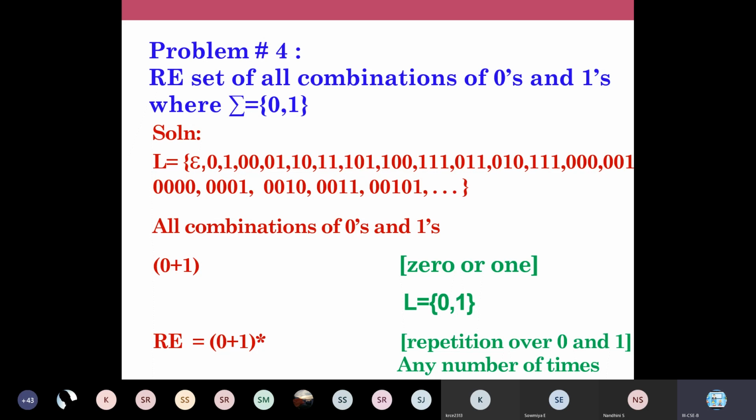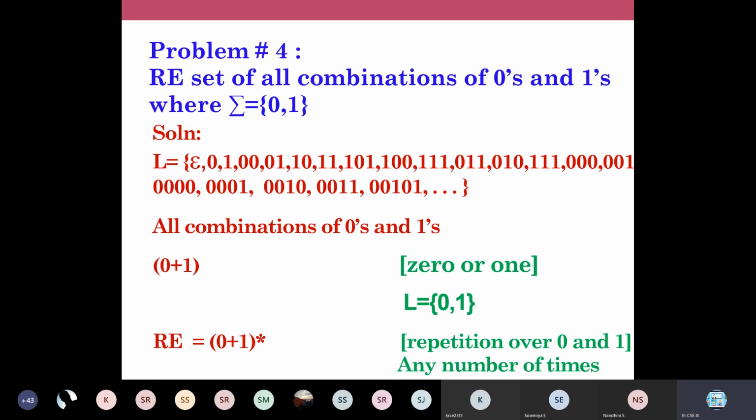And if your input alphabet has just A and B, the same thing you're going to apply for the set of all combinations of A and B. My regular expression is going to be A plus B the whole star. Okay, if your input alphabet has some other symbol, you just substitute here. Okay, so imagine my input alphabet has 3 symbols: 0, 1 and 2. If I want to derive all possible combinations of 0, 1 and 2, my regular expression will be 0 plus 1 plus 2 the whole star.